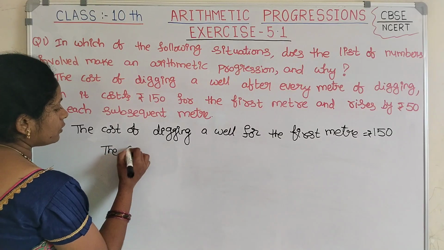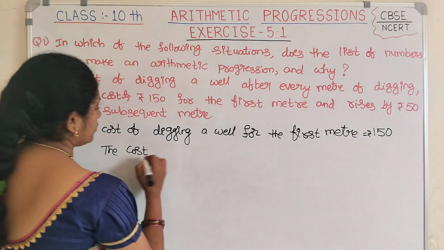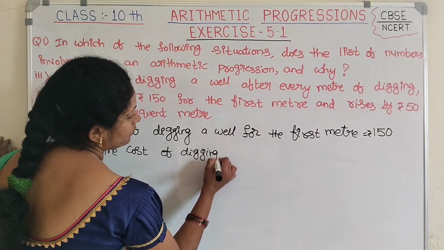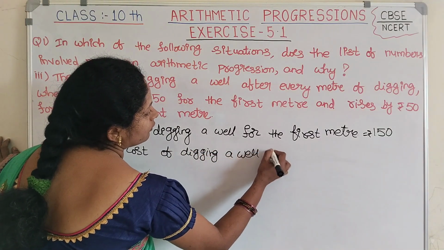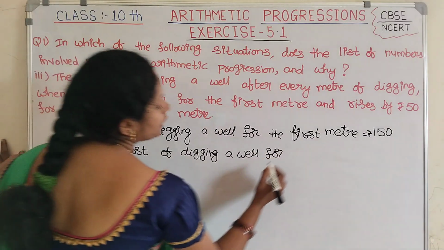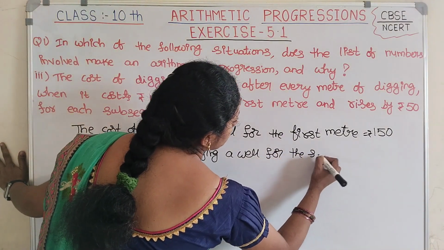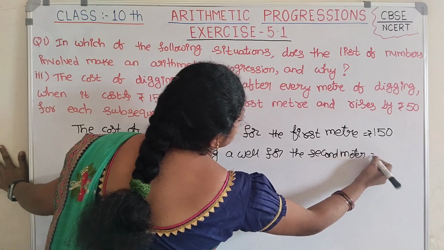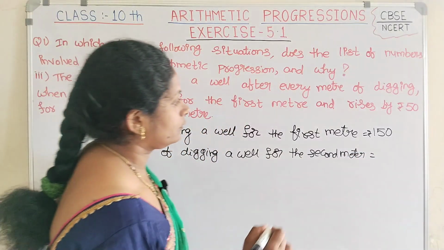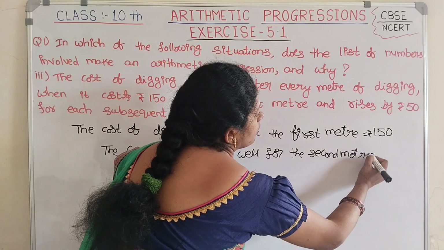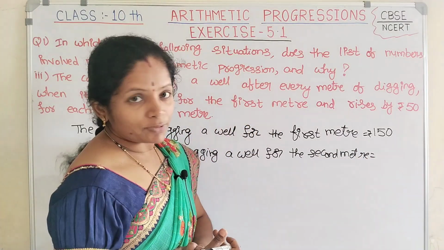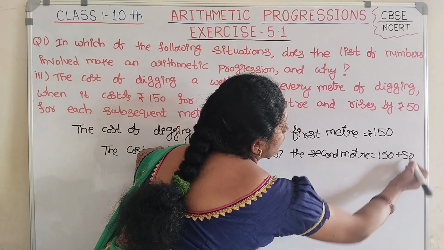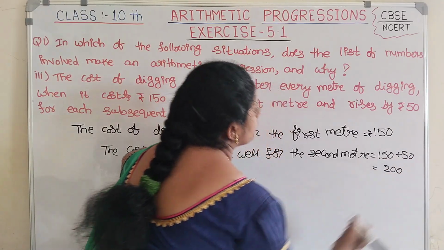Next, the cost of digging a well for the second meter is equal to how much? 150 plus 50, it is 200.